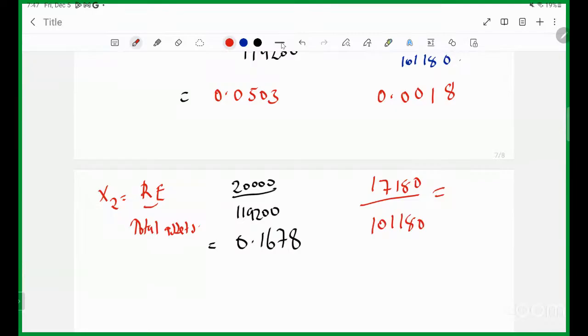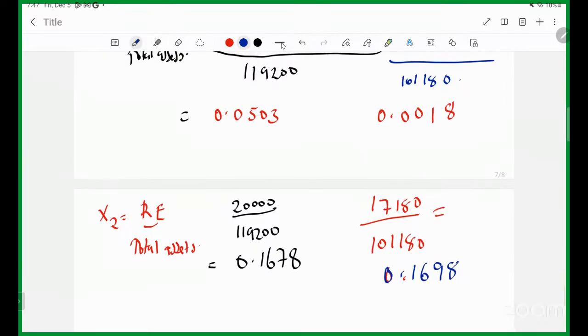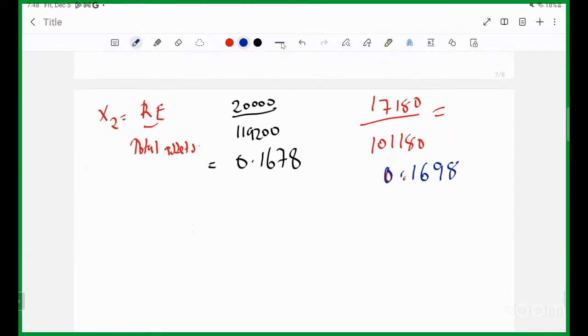I'm having 0.1698. Yeah, which is the same as 0.018. That's correct. Even mine, you round off. Okay, that's good.